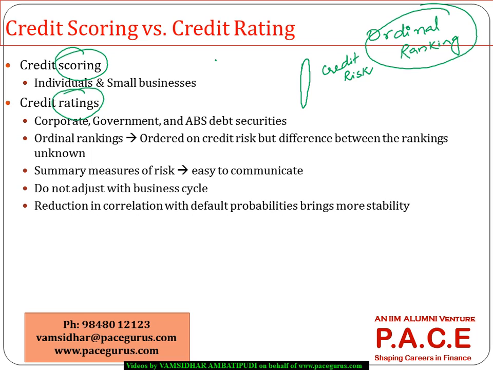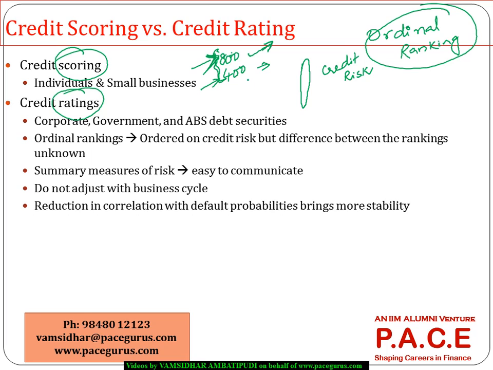It's purely an arrangement, and it does not tell what the real difference is between these two companies, which makes it an ordinal kind of ranking. Say a company with a credit score of 800 versus a company with a credit score of 400. It says this company has a higher creditworthiness compared to that company, but it cannot help me say this company has twice the creditworthiness, because these are ordinal rankings.